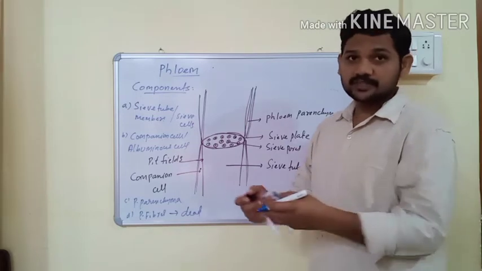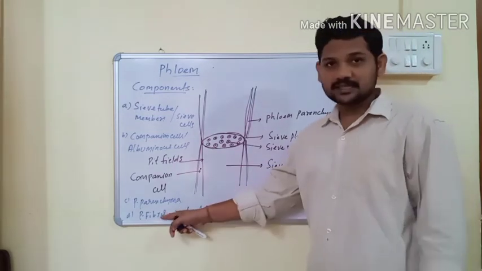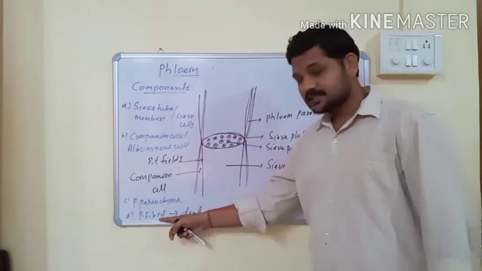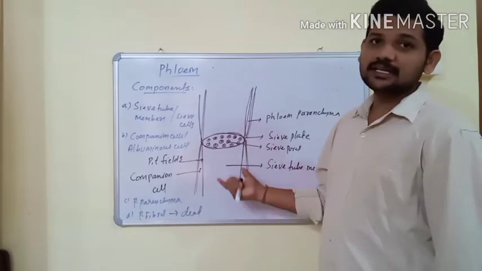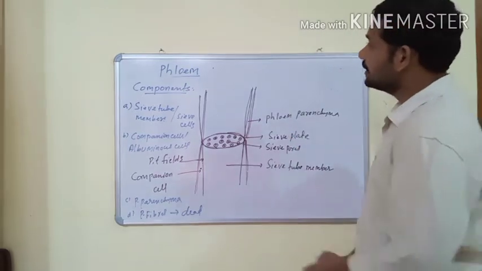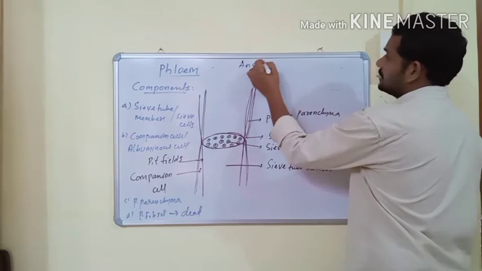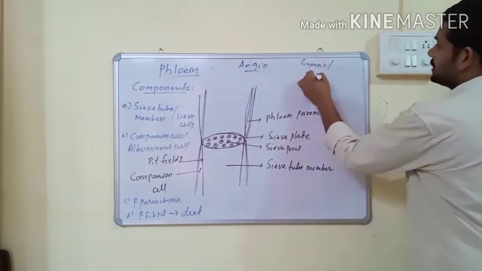Complex permanent tissues are made up of a group of dissimilar cells but having a common function. So these three are living cells and this is dead cells. Different cells, but they have a common function, that is the conduction of food material from source to sink. And phloem is present in angiosperms, gymnosperms and pteridophytes.